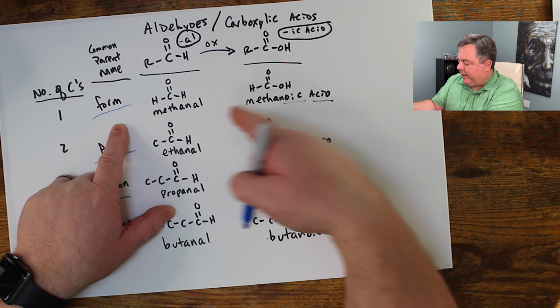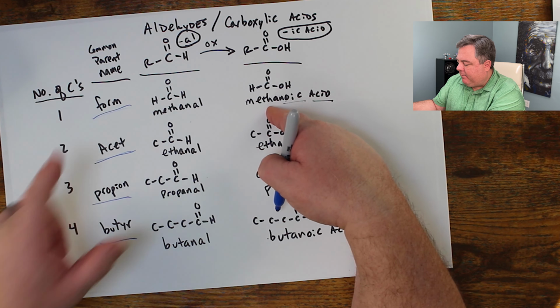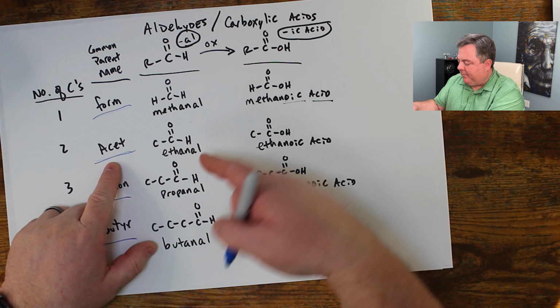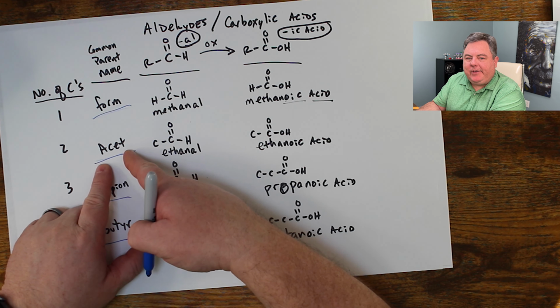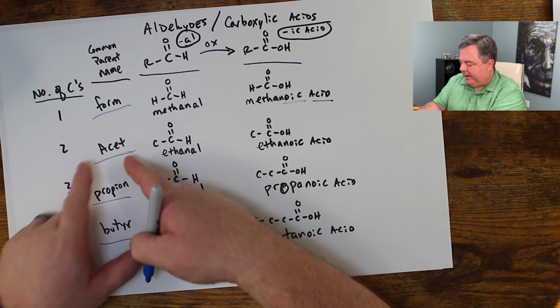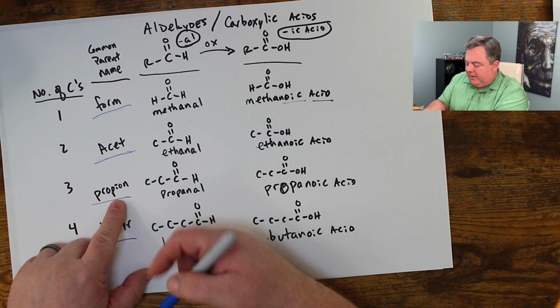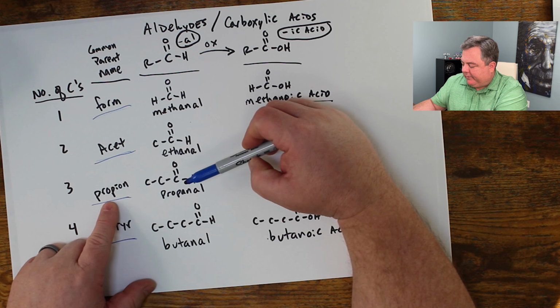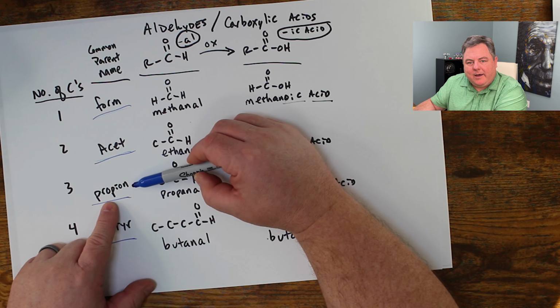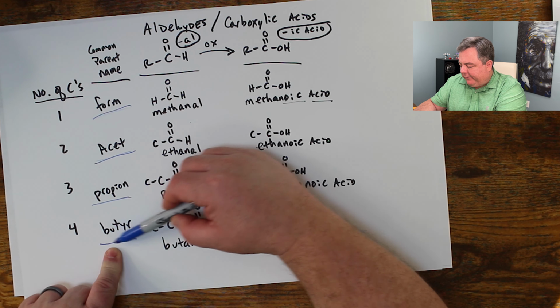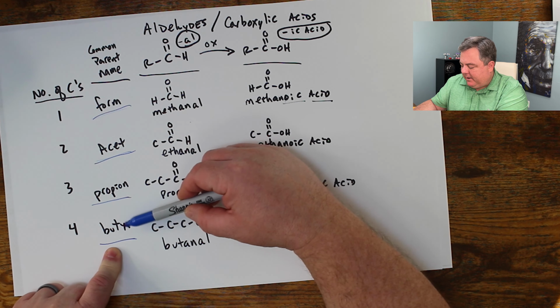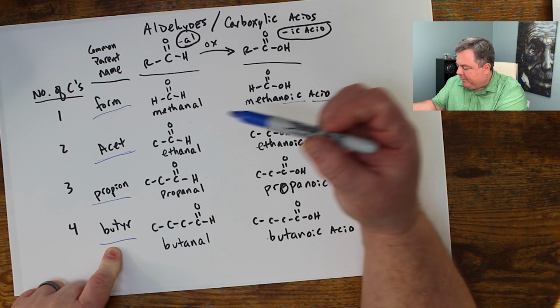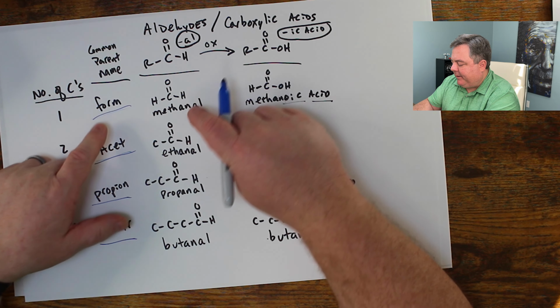So these will have the form parent name for the common name. 2 carbons have acete as the common parent name. 3 carbons, now this looks a little more familiar because instead of propane, it's propion. And 4, instead of butane, is butyr. So we hear where those come from. So let's come back and name these.